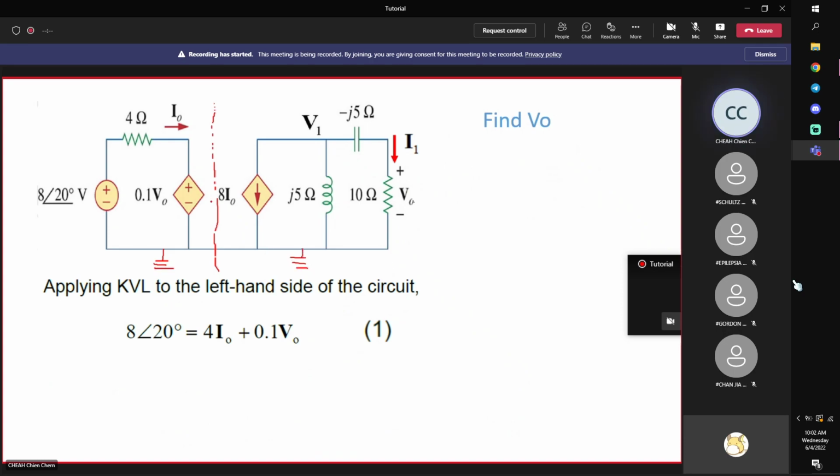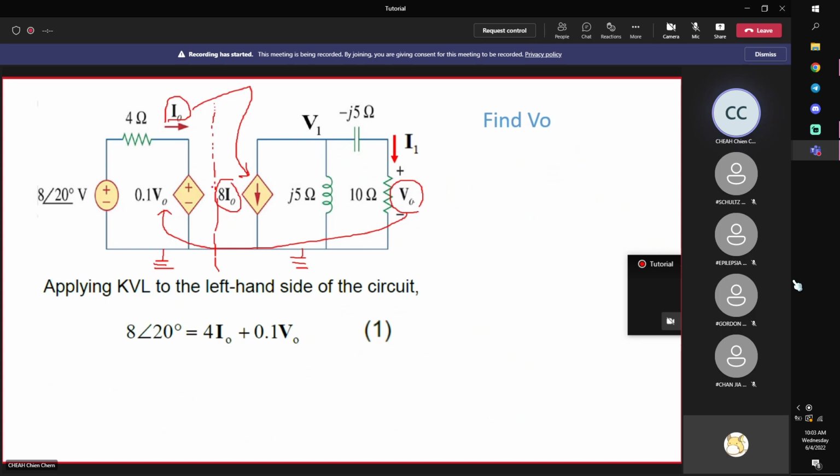But the circuits are related in the sense that the current flowing through the left-hand side will affect the circuit on the right-hand side in terms of this dependent source, 8I0. And the voltage across the 10 ohm resistor will affect the voltage across this terminal over here.